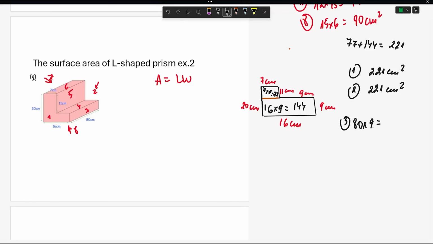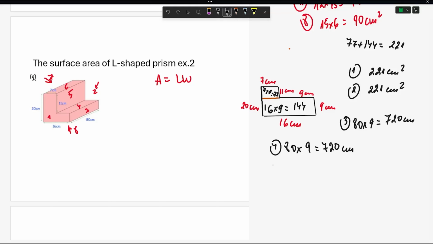So 80 times 9 is gonna be 720. So I find side 3. Let's find side 4, which is the one here. I have 80 and 9. This is my 9. So side 4 is gonna be 80 again, multiplied by 9 again, which is again 720.